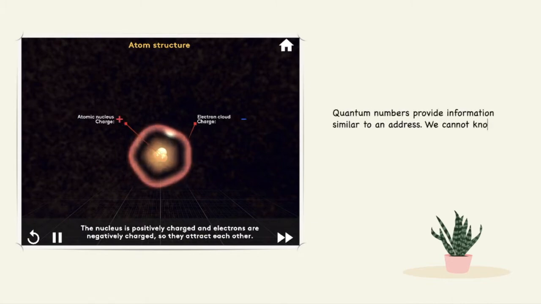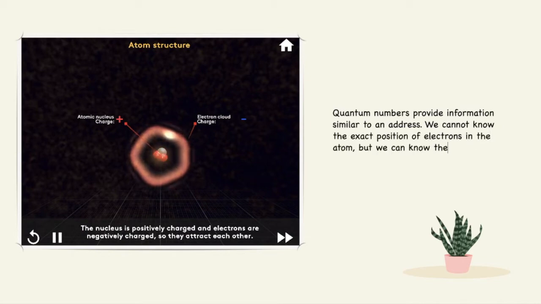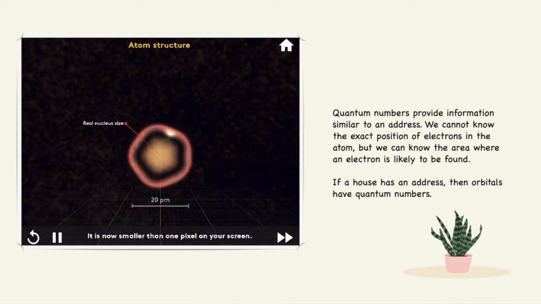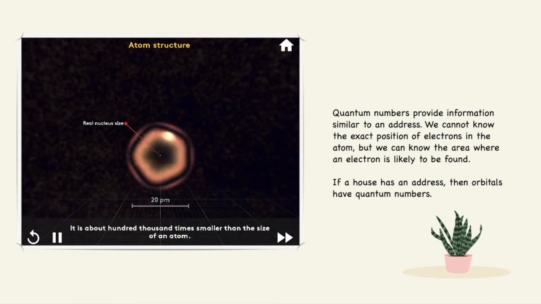So, quantum numbers provide information similar to an address. We cannot know the exact position of the electrons, but we can know the area where an electron is likely to be found. This area can be described using quantum numbers.